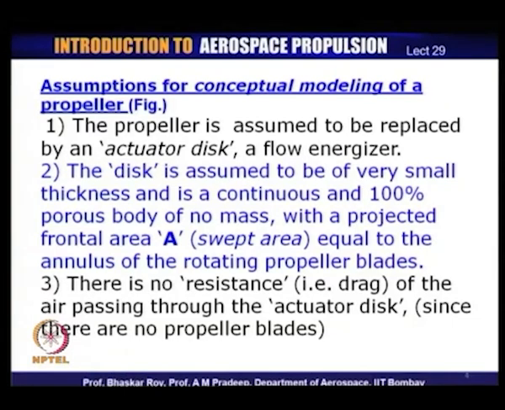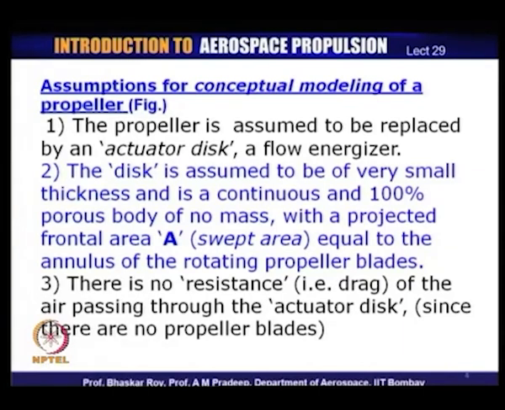That is, it is a disc of infinitesimally small thickness, but it is a continuous body, and it is a 100% porous body of no mass whatsoever, and it has a projected frontal area of A, through which all the air passes. This A is also often called the swept area, which is normally equal to the area of the rotating propeller blades. So, the rotating propeller blade, which is being replaced, would have the same amount of swept area which this actuator disc would have.